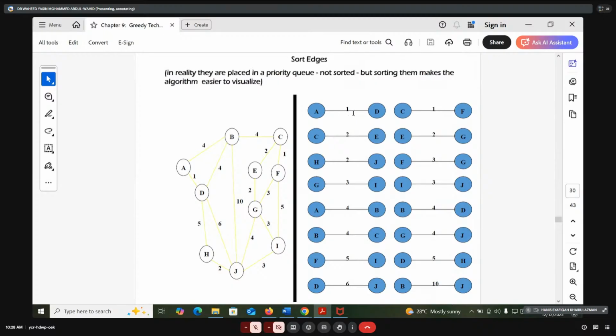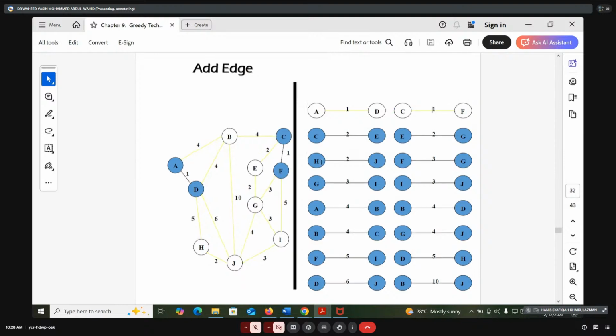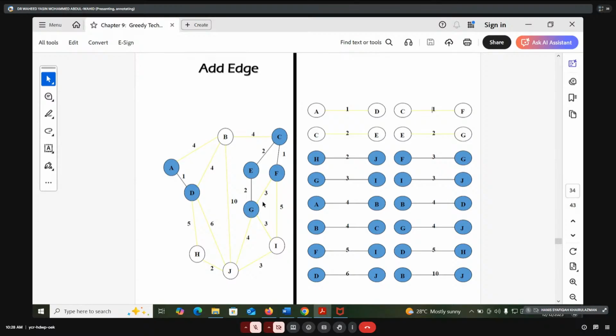So AD, I select AD, then I select CF, then CE, EG, okay, FG, no, I have 2 also.